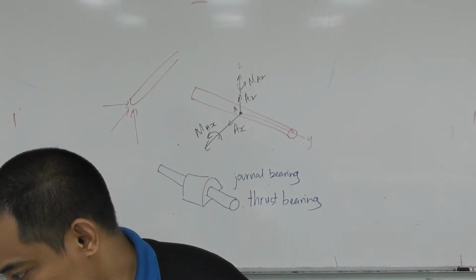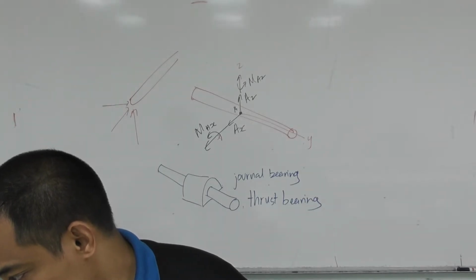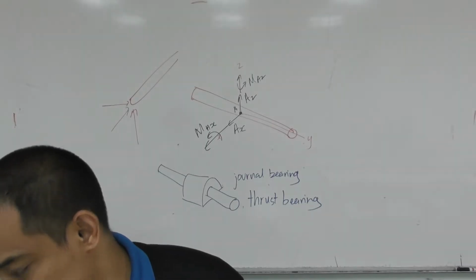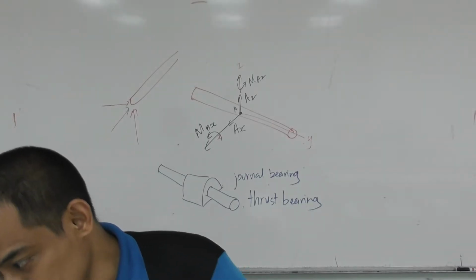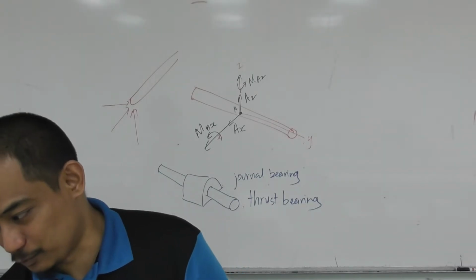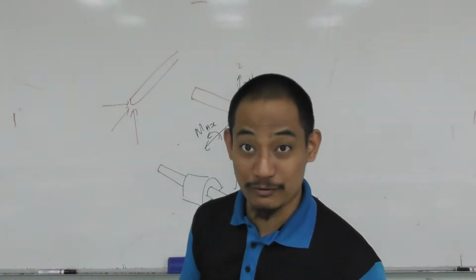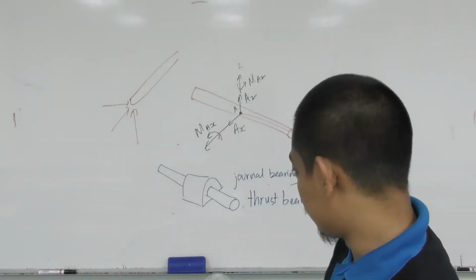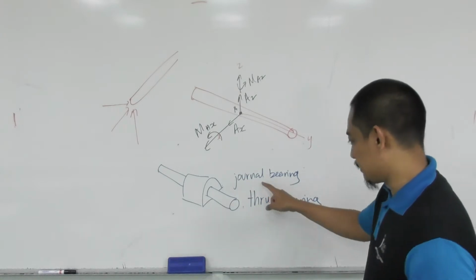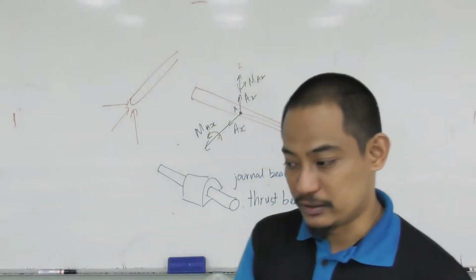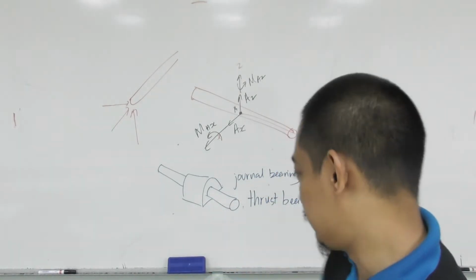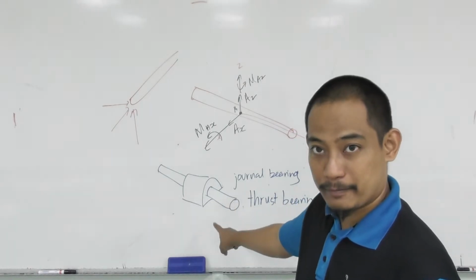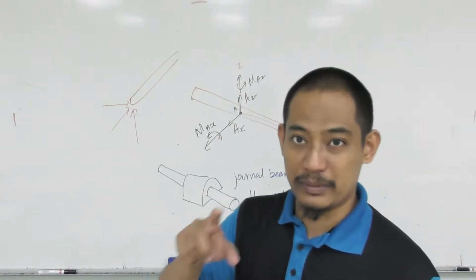Yes, it's thrust bearing. I forgot to bring my textbook while I'm recording this, unfortunately, but I remember it correctly. One is journal bearing, one is thrust bearing. Now, the drawing is exactly the same. However, the name makes a difference.